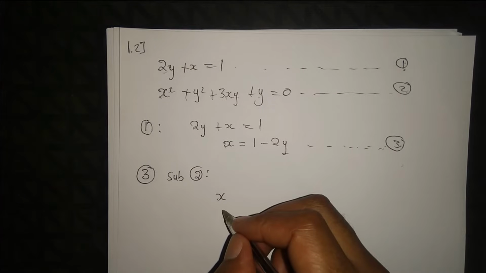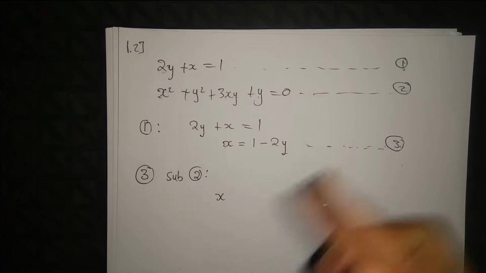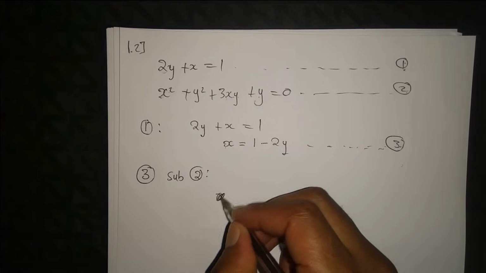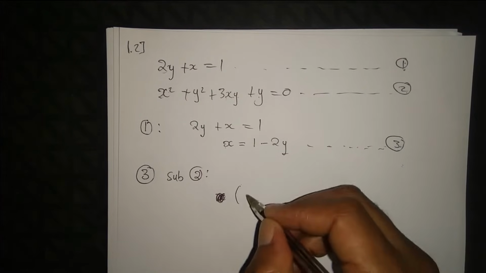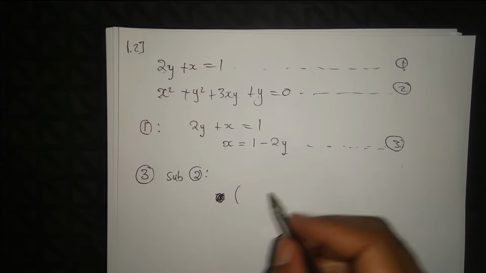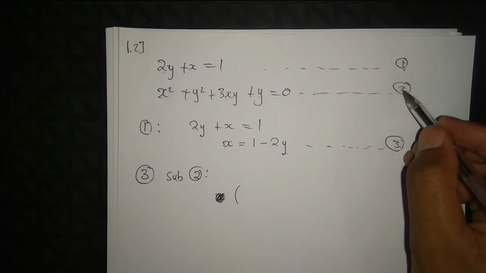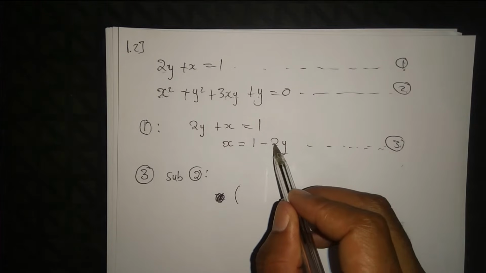Where there is x squared I put this, and where there is x I put this, equation 3. Yeah, but anyway, I think I'll continue with it. I see a simpler way to solve it, but let's continue. But anyway, okay. This is equation 2. Where there is x I will put 1 minus 2y.